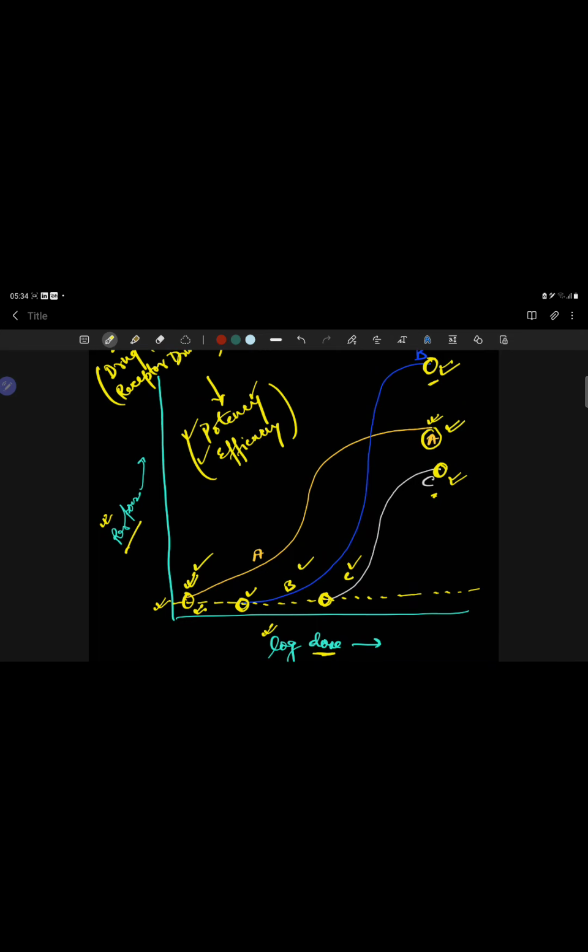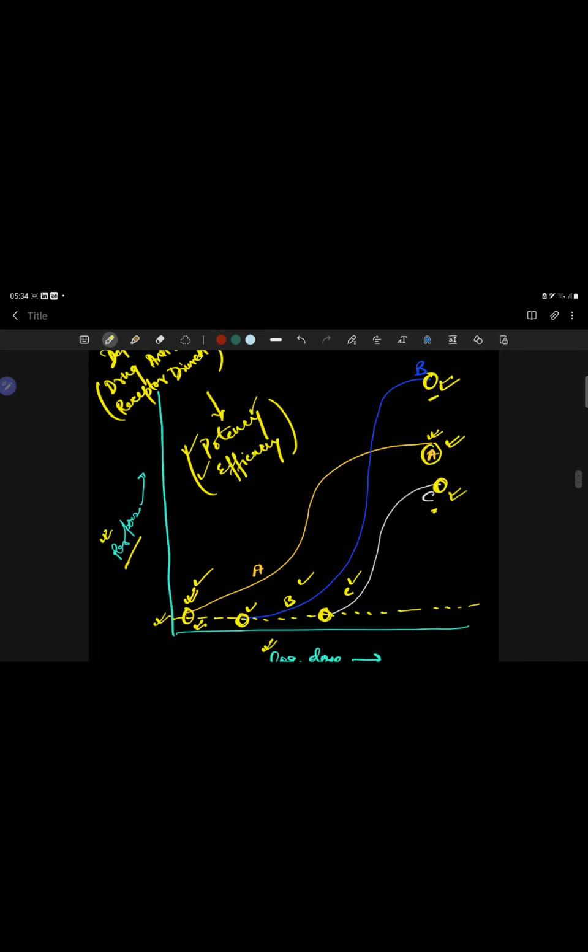What is efficacy? Efficacy is when we compare two drugs, like suppose we see the height. For efficacy we see the height, and for potency we see how low the dose is to produce the same response.